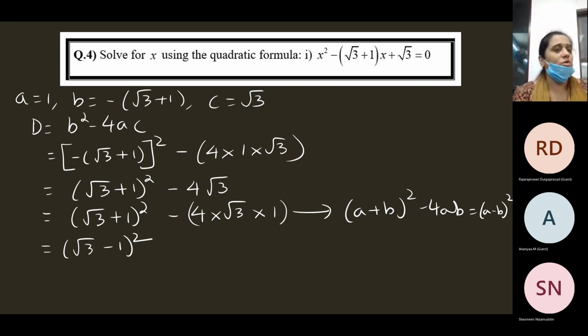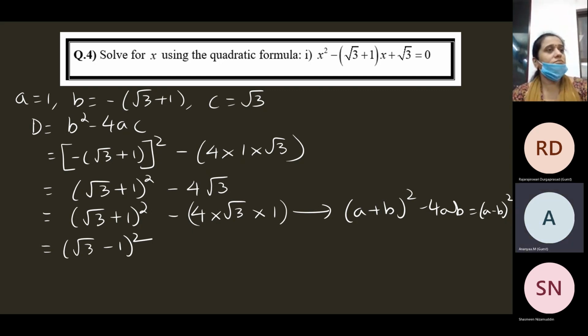So root 3 minus 1 the whole square. Got it? Good. Harini and Sneha, sure, you understood? Ram?